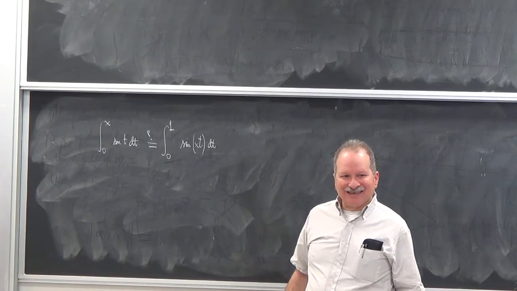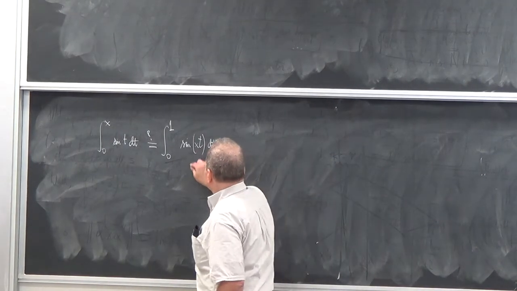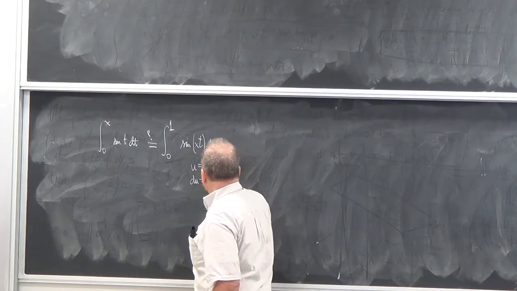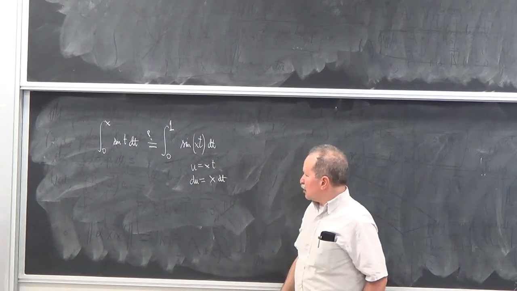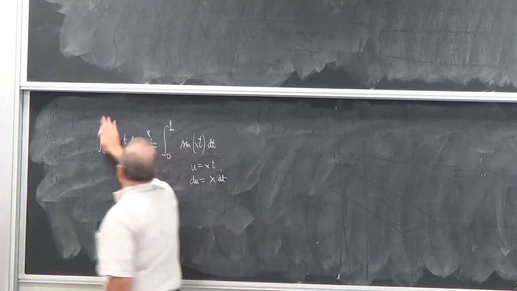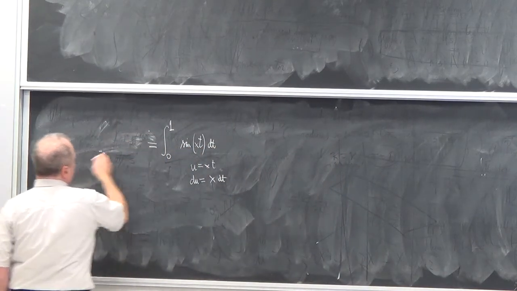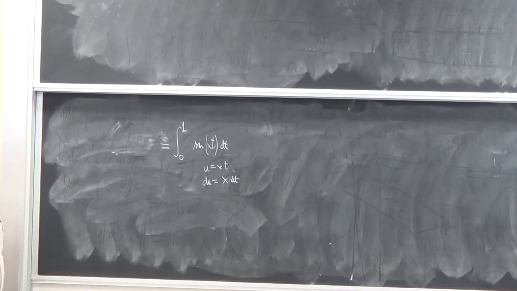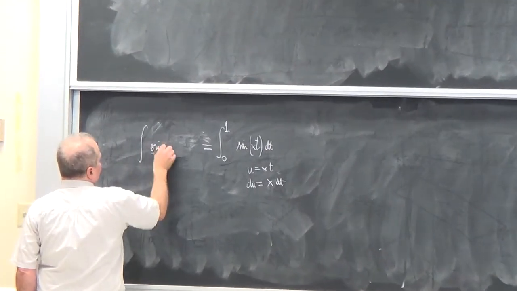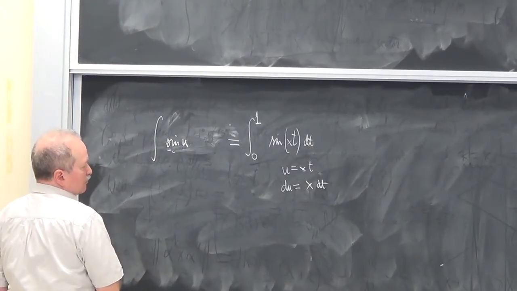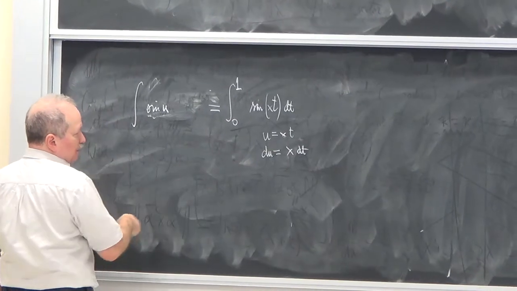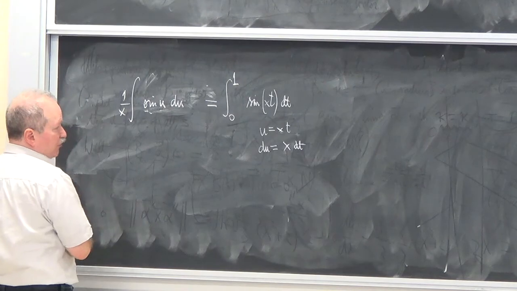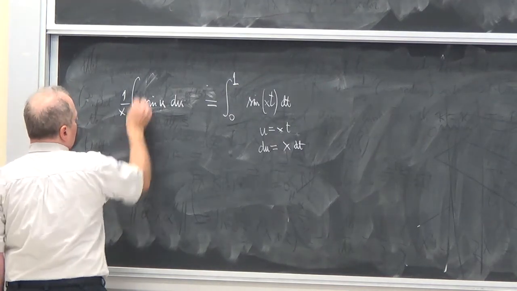xt, where x is constant and t is your variable, right? So if I try to rewrite this in terms of u, what would I have? Sine of u, and dt becomes du over x, with t from 0 to 1 and u going from 0 to x.